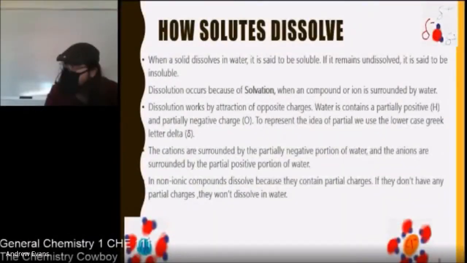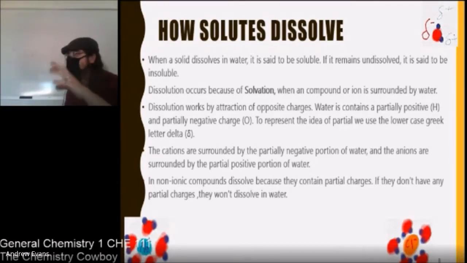But this dissolution occurs because of what's called solvation. Essentially, what happens is the water surrounds each individual atom or each individual compound and essentially swallows them up. The reason we no longer see the solid when it dissolves is because we've moved each individual ion or particle to a sufficient distance away from the other particles that we no longer notice them. If you take some salt crystals, you can see the salt crystals even if they're really tiny.